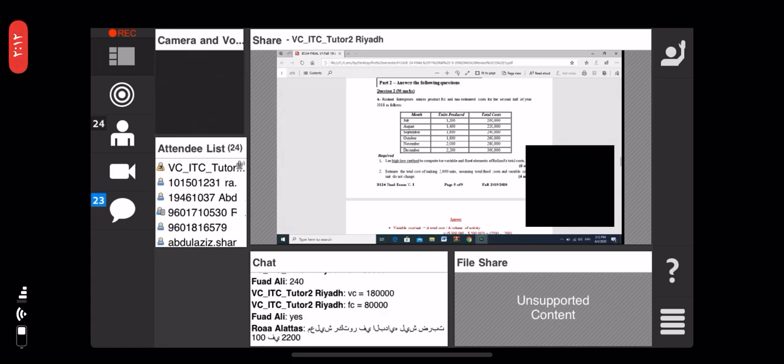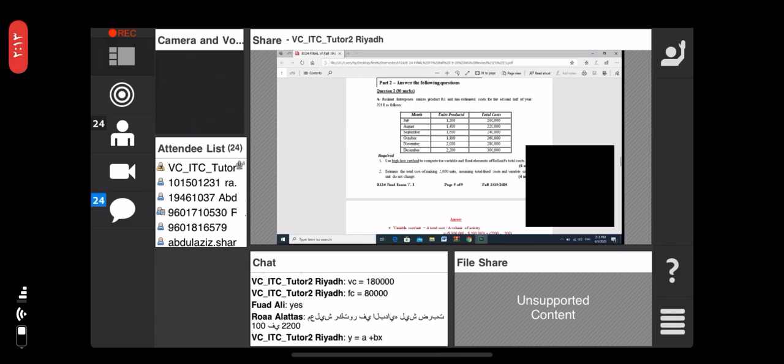Ro'a, because the equation say y equal a plus bx. Okay, Ro'a. So at first you find the amount of b. B it will be the difference between the high cost minus low cost divided by the high level minus low level.